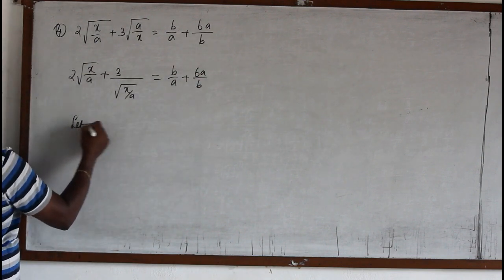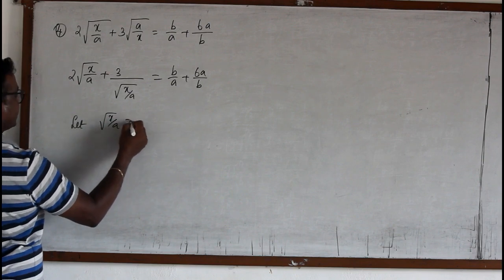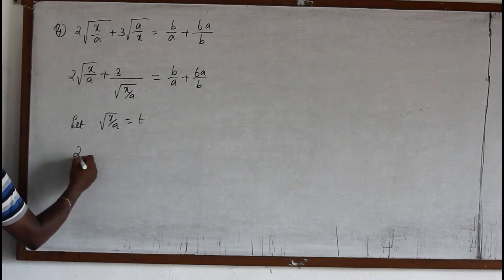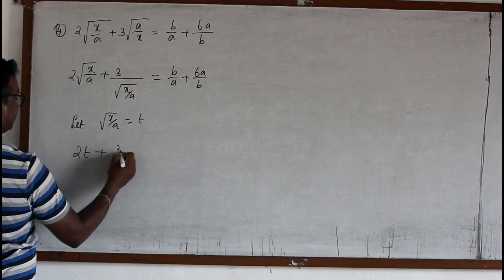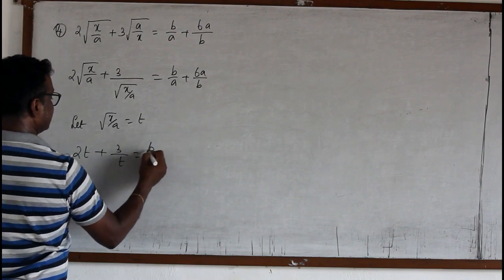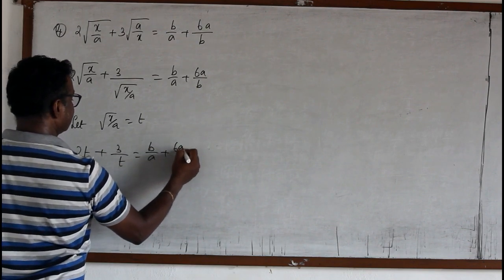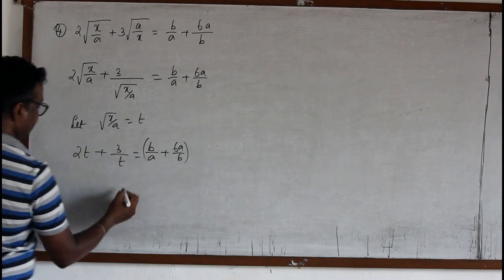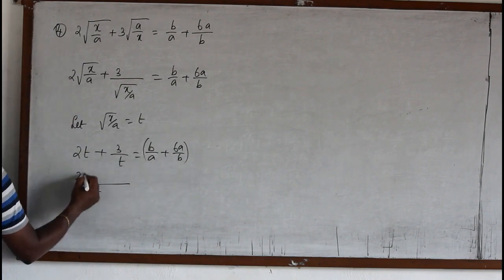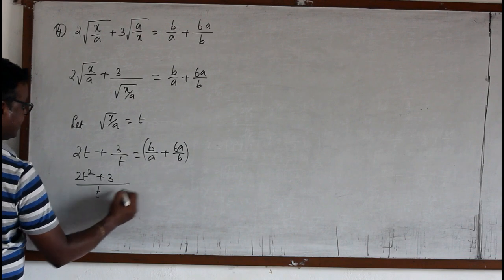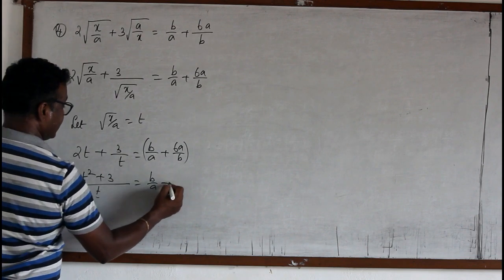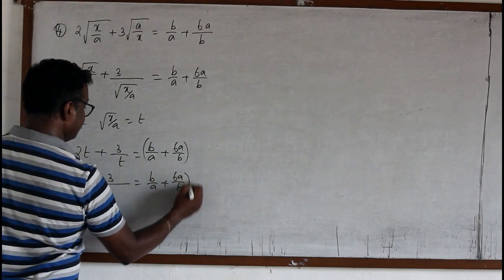Let me take root of x by a as t. Then this becomes 2t plus 3 by t equal to b by a plus 6a by b. If I take LCM as t, 2t square plus 3 over t equal to b by a plus 6a by b.